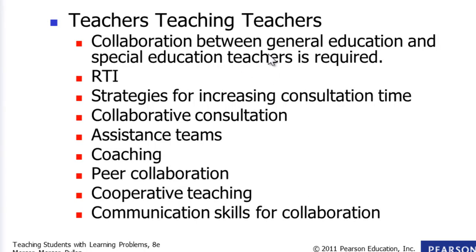In different ways, and I know a number of schools are starting to use these models to get better equipped teachers to work with kids that have disabilities. How do you find time to do it? What does it look like? Whatever. Assistance teams, coaching, peer collaboration, cooperative teaching, communication skills, those kinds of things.